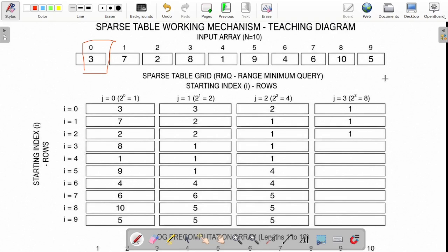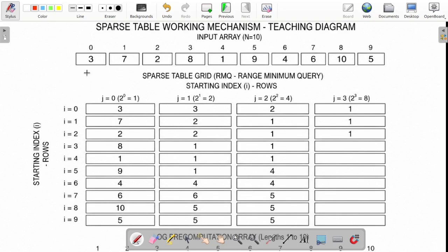Third index, 8, and so on. So in the first row, we usually put the elements directly because the length 1 segment is the element itself. The actual calculation starts from j equals 1, because from j equals 1, we need to consider segments of length 2.